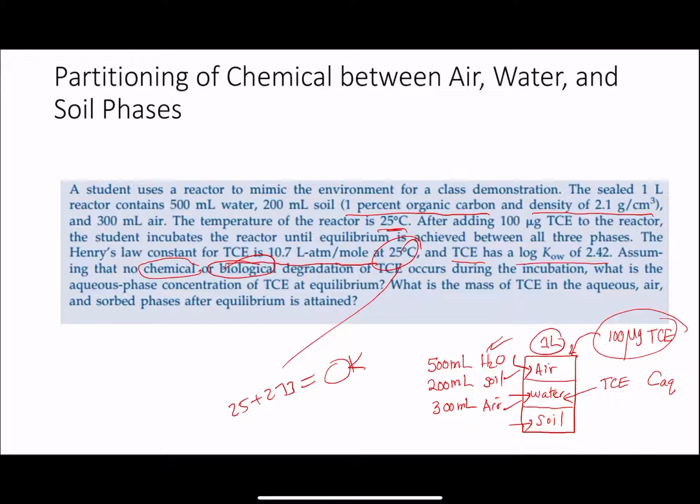What we do is divide the mass of TCE by the mass of the whole thing, times 100. The mass in grams of TCE over the total mass. Let's assume this is in soil. And you could find the percentage distribution of the organic in these compartments, if you wish. We are done.